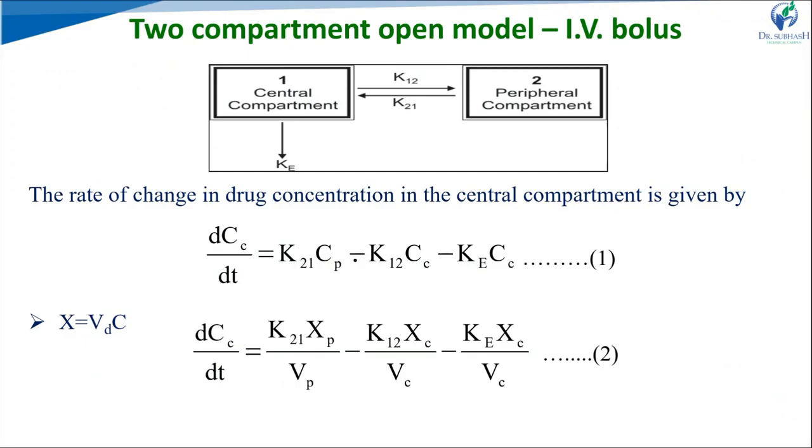Now convert the concentration-based expression to the total amount of drug in the body, so X is equal to Vd into C. So dCc/dt is equal to K21 Xp upon Vp minus K12 Xc upon Vc minus Ke Xc upon Vc. This is the equation for the two compartment open model with IV bolus.